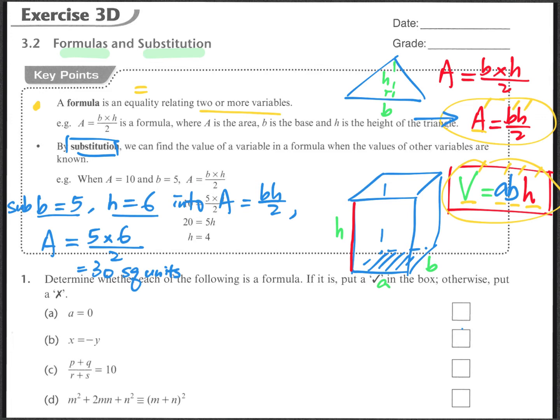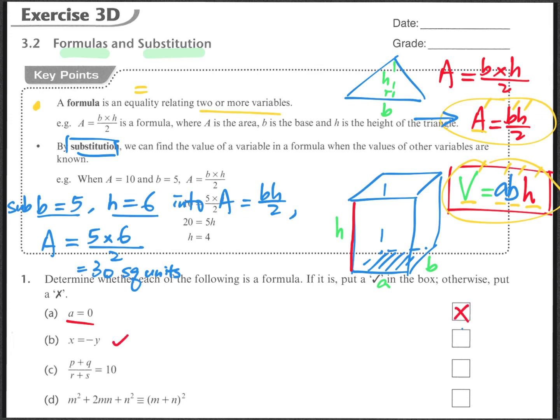Now we come to take a look at the following expressions, whether they are formulas or not. The first one, A equal to 0, is not a formula because it just tells you the value of A, but it's not a formula for finding some variables, right? So that's why it's not a formula.